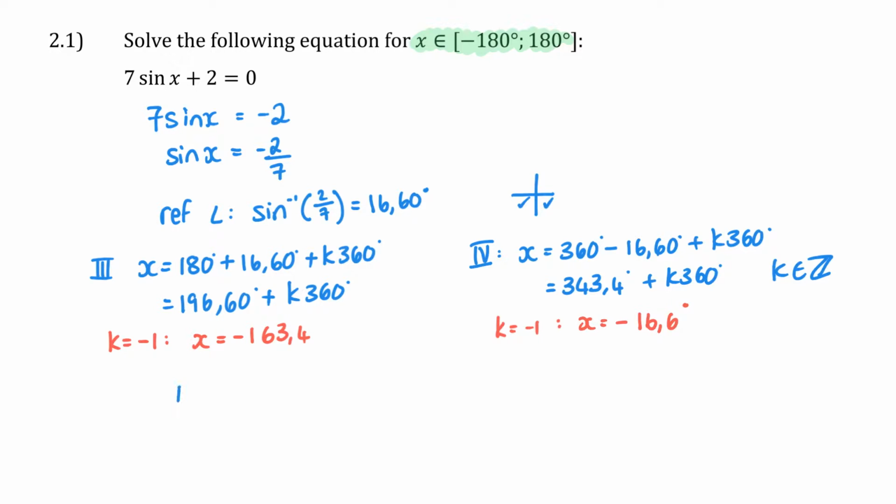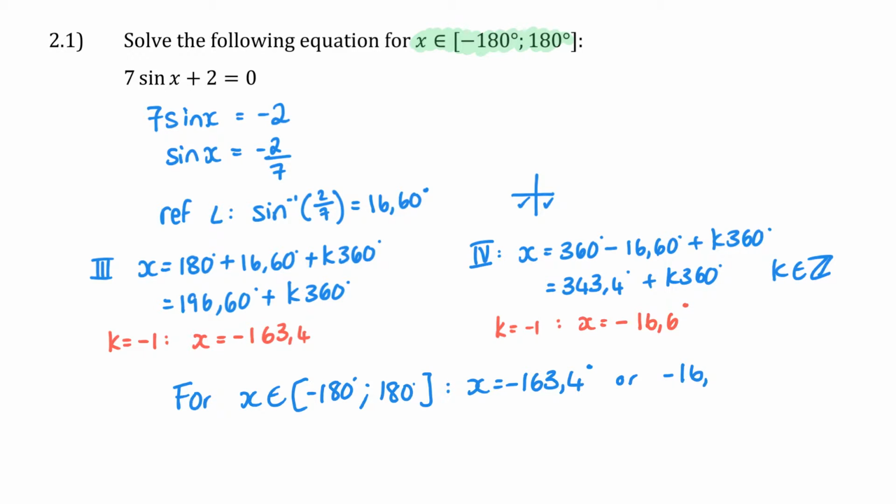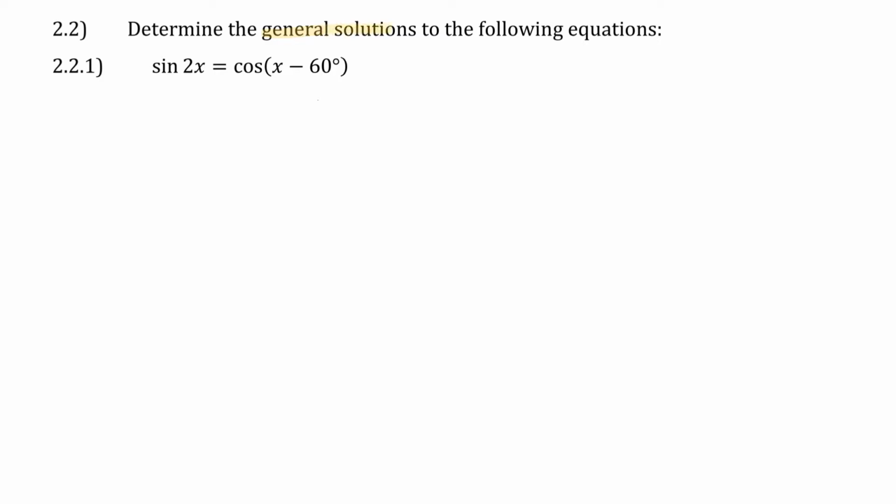So my final solution for x, an element of negative 180 degrees to 180 degrees, x will equal negative 163.4 degrees, or negative 16.6 degrees. And there you go. The next two questions we look at ask for general solutions.